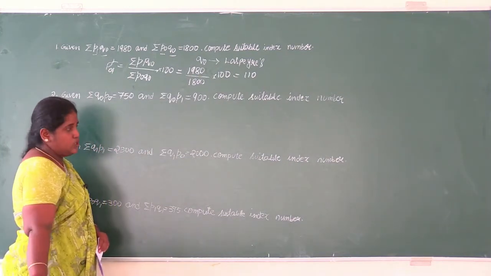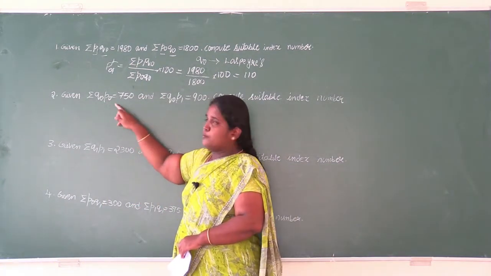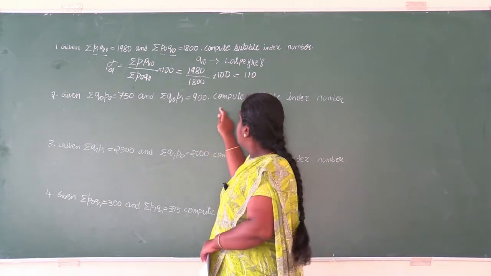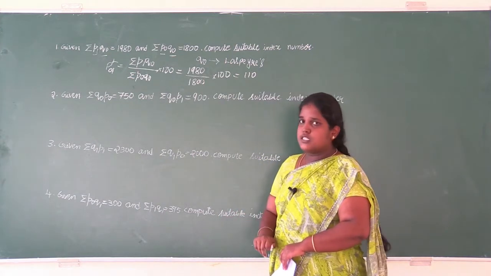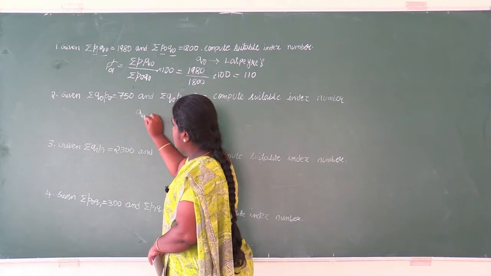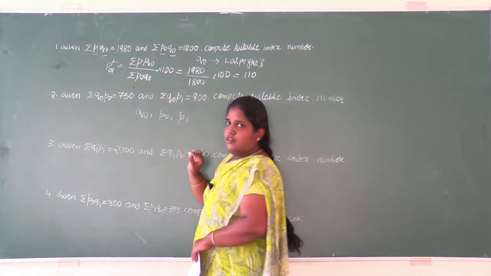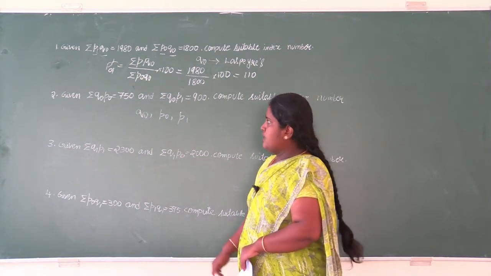Similarly, we'll do the next one. The next question is given sigma Q0 P0 750 and sigma Q0 P1 900. Compute suitable index number. Again in this, see it individually. We have Q0, P0, P1. These 3 values are there, and which is the common element in both?